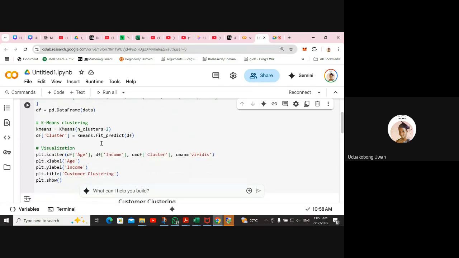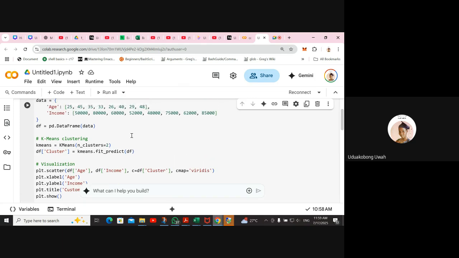And here is just for data visualization. We've done this before. And I forgot this line. This line is where the algorithm learns the pattern in the data set and forms clusters based on similarity. See the data frame that I call df here.